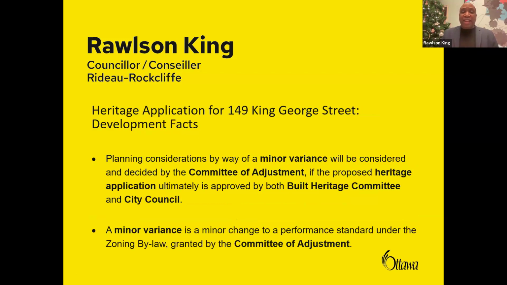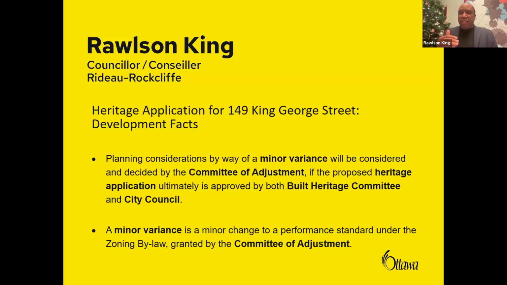So as I had stated before, the planning considerations are by way of a minor variance, and those would be considered and decided by the Committee of Adjustment, which does many considerations around variances, or that's its key jurisdiction, and it does many of these in Overbook. So the planning component will not specifically rise to council.